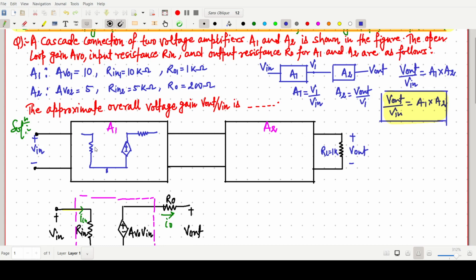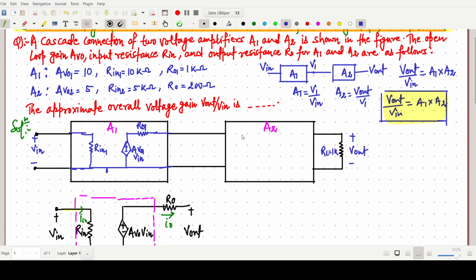This one is our input resistance, so we can write R in 1, and this one is our AV naught 1 into V in, and this one is our R naught 1. This end will be connected here, and this end is connected to this point. So this one is the internal diagram.